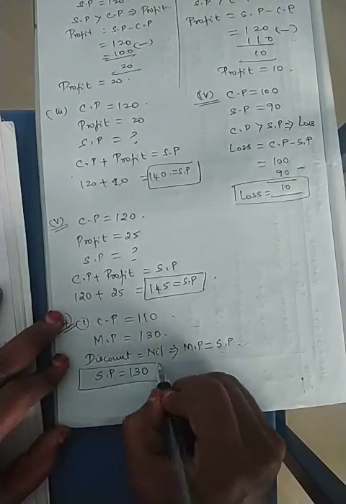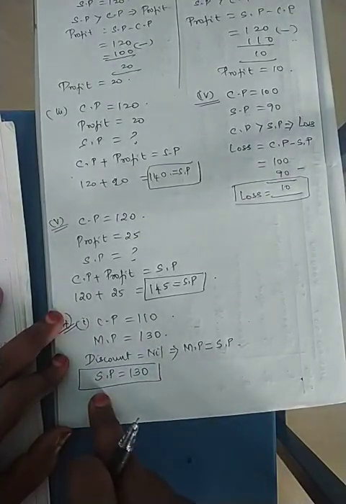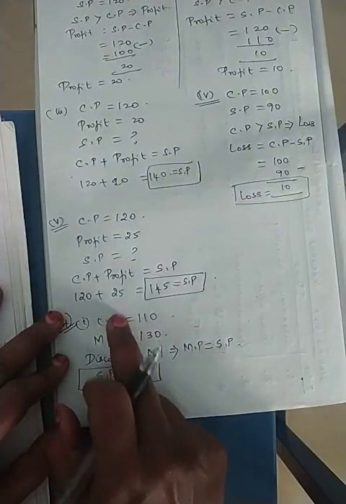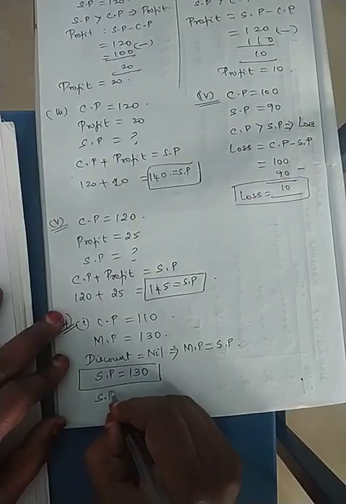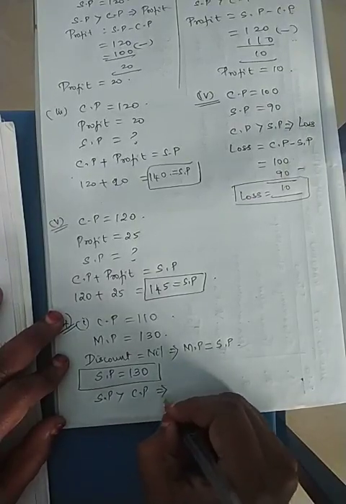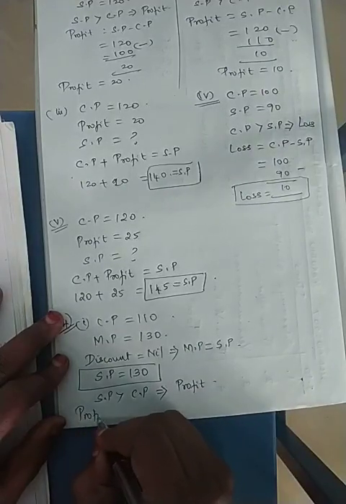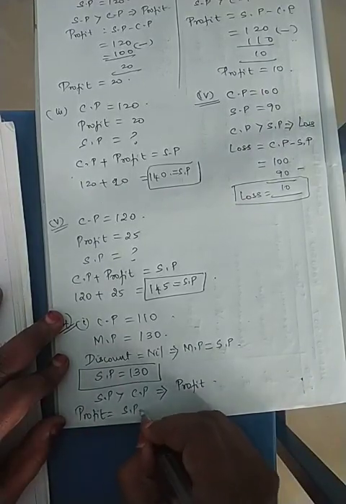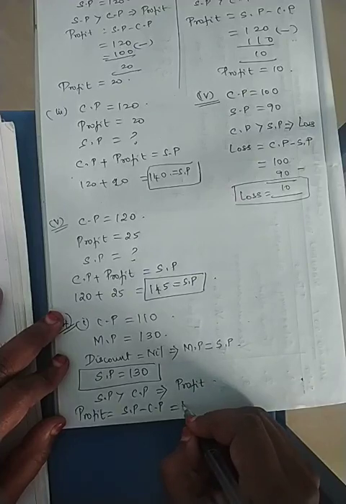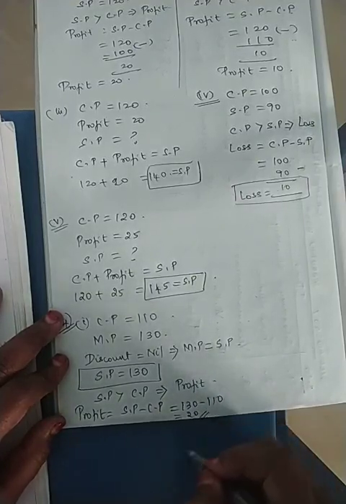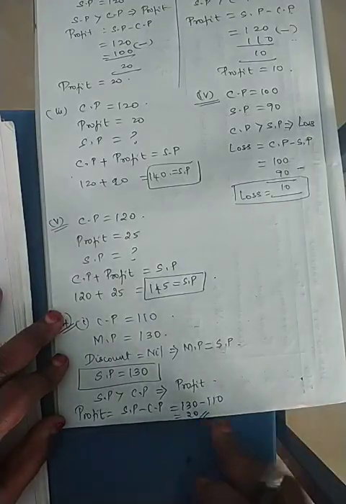The things I am finding out, I will be putting in the boxes. When I compare SP and CP, SP is greater than CP, so this is a profit. What is my profit? Profit is equal to SP minus CP, which is equal to 130 minus 110, which is equal to 20.